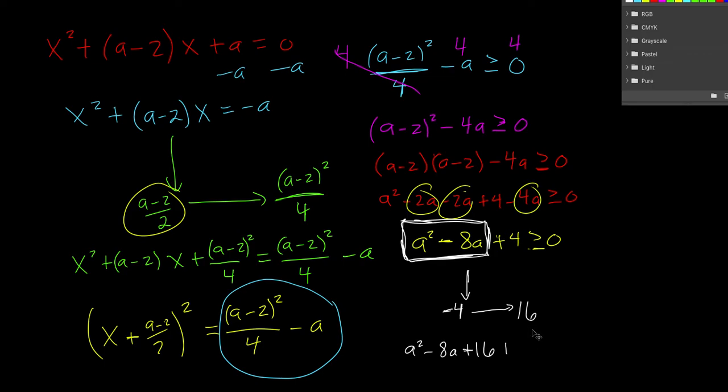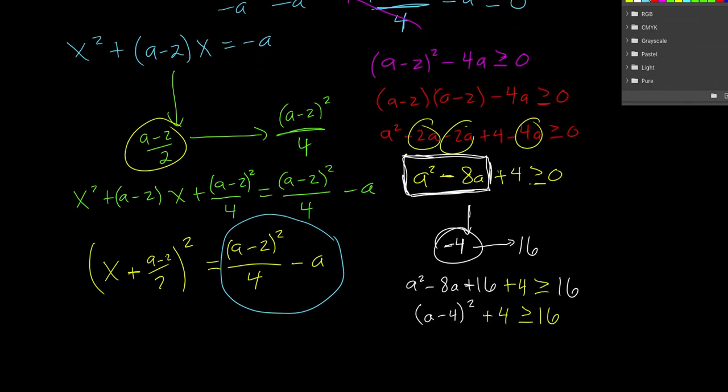I'm actually going to change colors to make it really clear what's going on. Okay, so we still have plus 4 is greater than or equal to, and then we added our 16 onto the other side. Now this white piece, we can do the magic step. So it's a minus 4 squared, and then we still have our plus 4 on the outside is greater than or equal to 16.